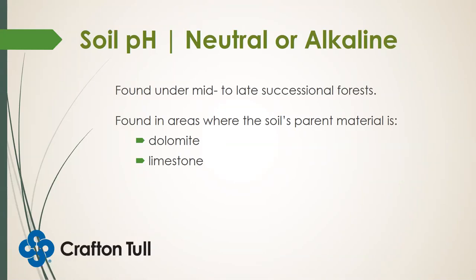These types of soils are going to be found in mid to late successional forest. Beeches and maples are much better base cyclers than pines. And oaks are also better base cyclers than pines, but not as good as your beeches and maples. So in a lot of these later successional forests, you'll see a rise in pH as the forest goes through the different successional stages.